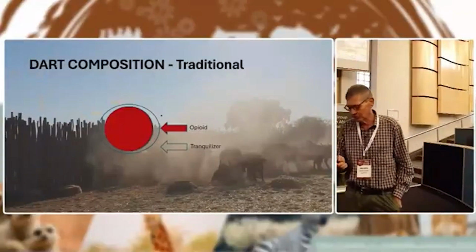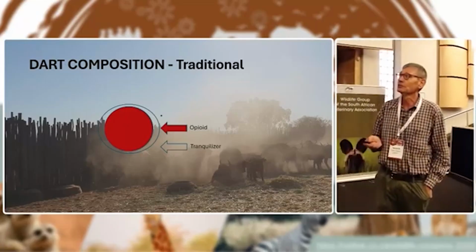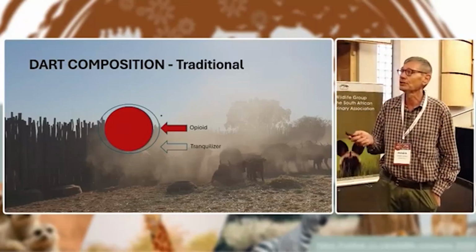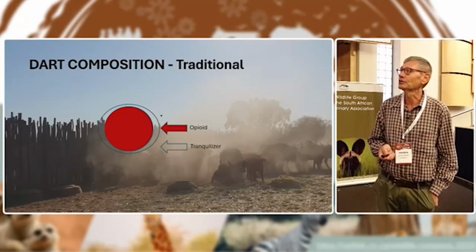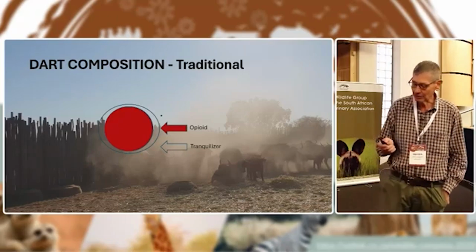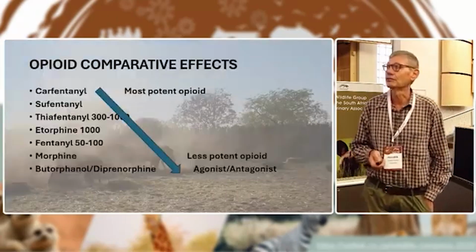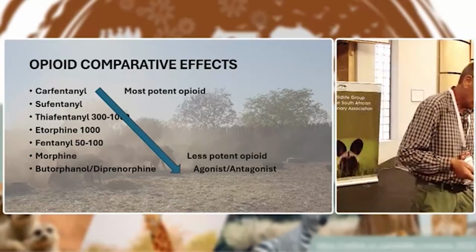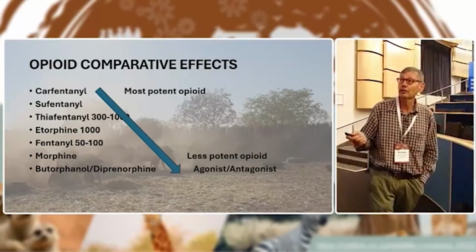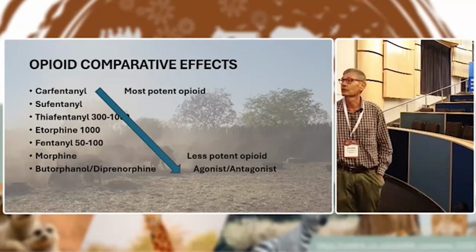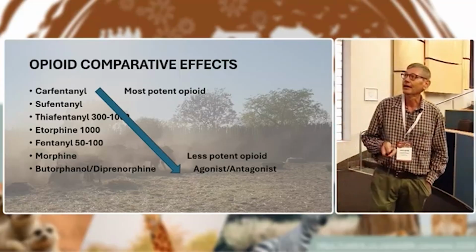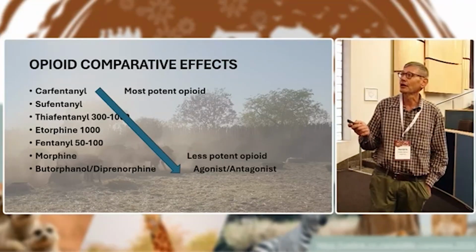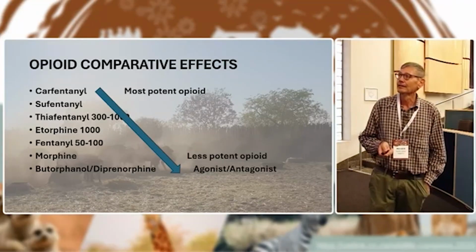Our traditional option was always to use a very potent opioid as the biggest part of our darting cocktail, add a tranquilizer and then get a good result. We've got some opioids available. Unfortunately, some we haven't got available in South Africa, but those we've got are going down in potency.